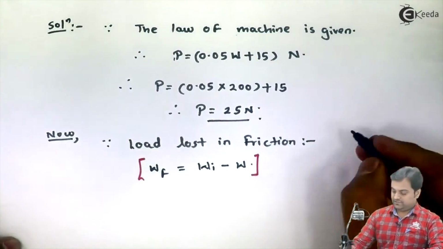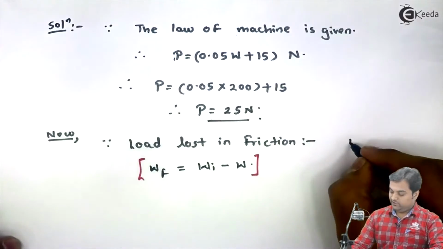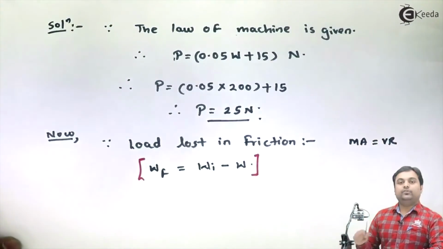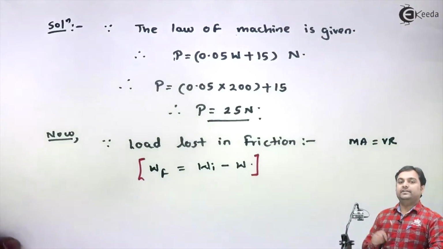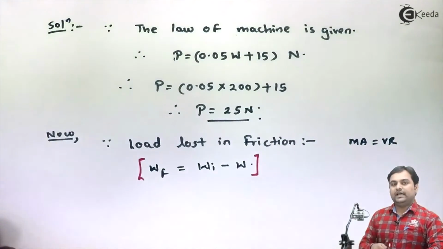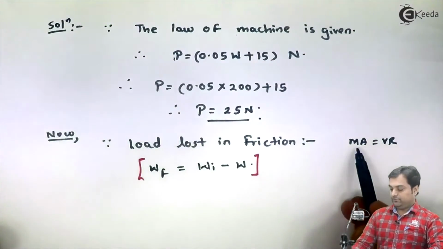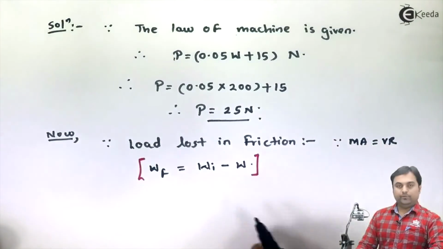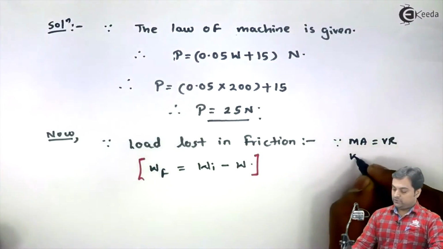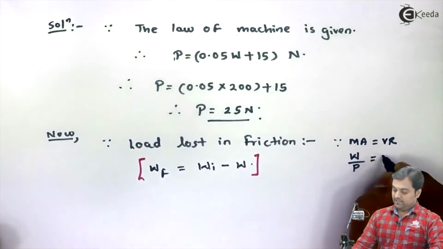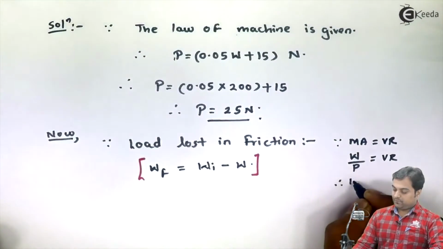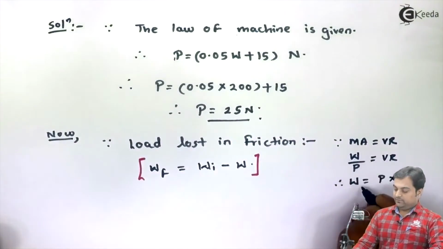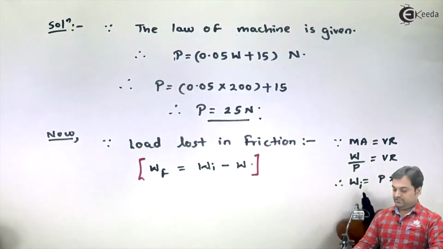Now again the concept, for ideal load I'll take mechanical advantage is equal to velocity ratio, because ideal load is there in case of ideal machine, and for ideal machine as efficiency is 100%, so mechanical advantage is equal to velocity ratio. From this I will get the formula of ideal load. So W upon P, which is MA, is equal to VR. Finally W is equal to P into VR. This W I'll write down as W suffix I, which is ideal load.